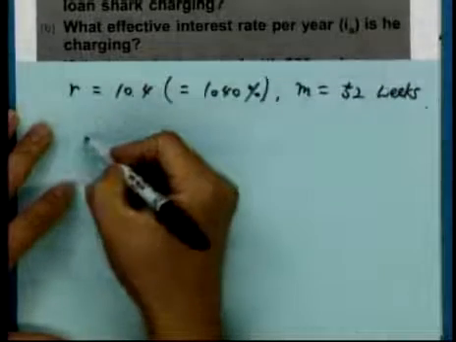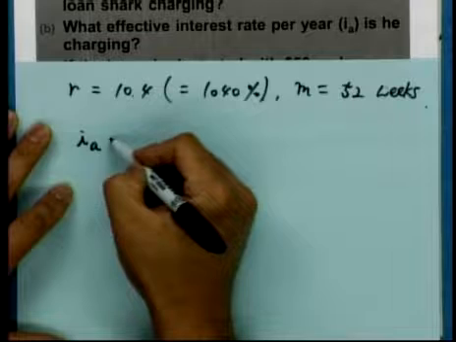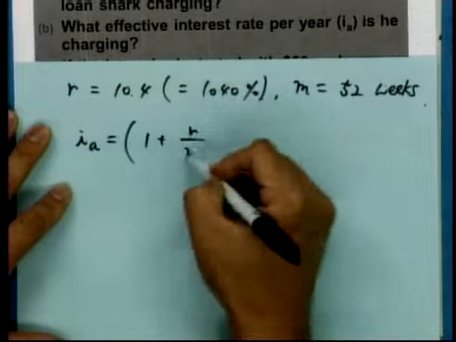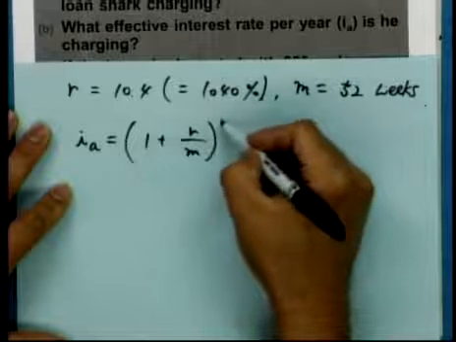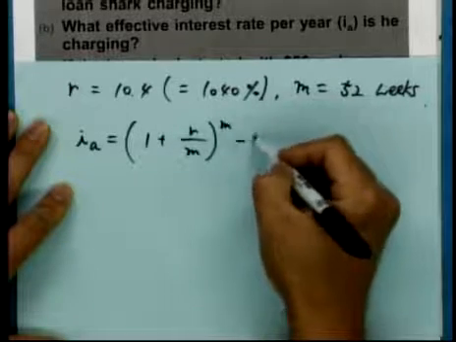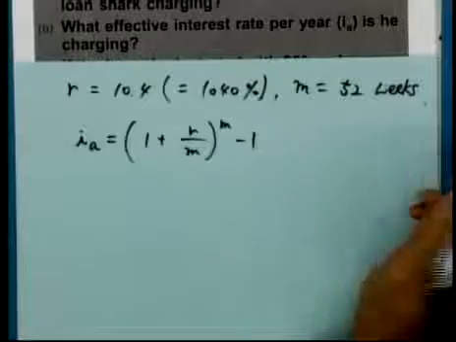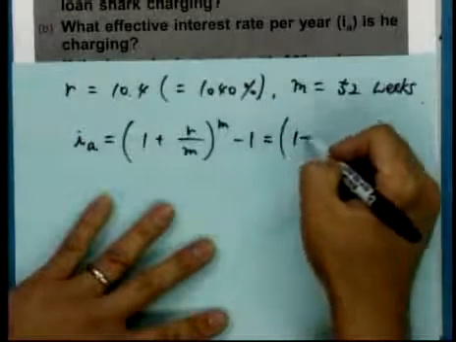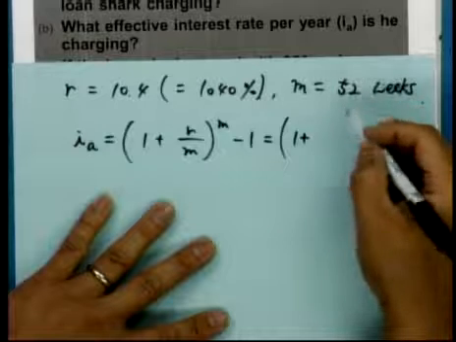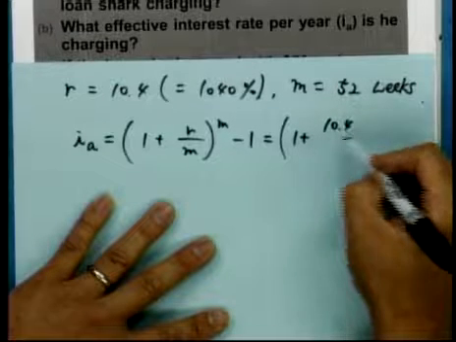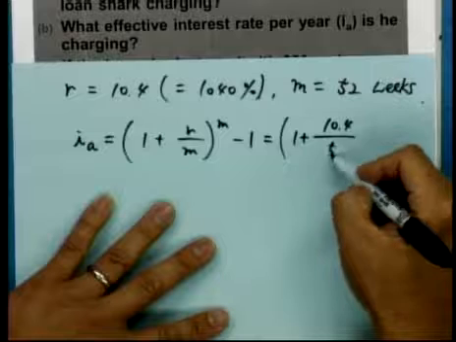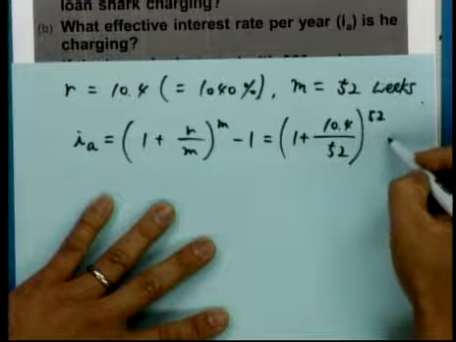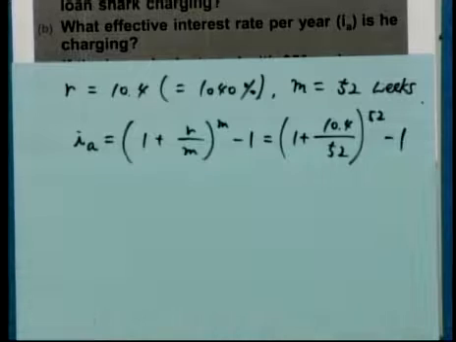Now, using the formula, which is I sub A equals (1 plus R over M) to the power M minus 1, which is (1 plus 10.4 divided by 52) to the power 52 minus 1. Okay?